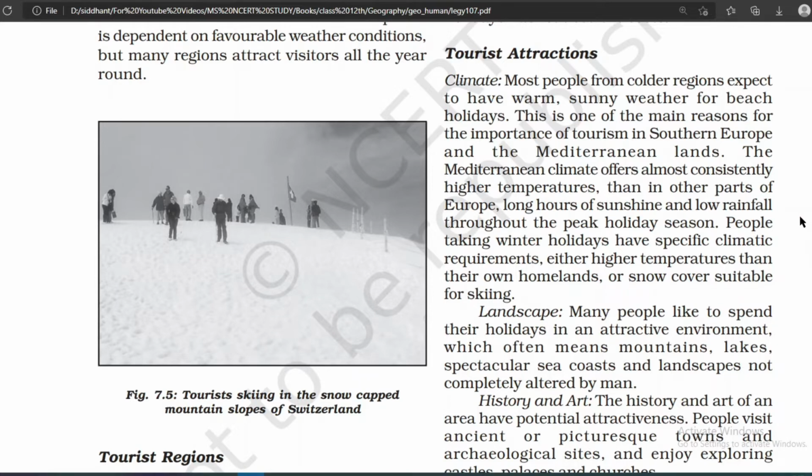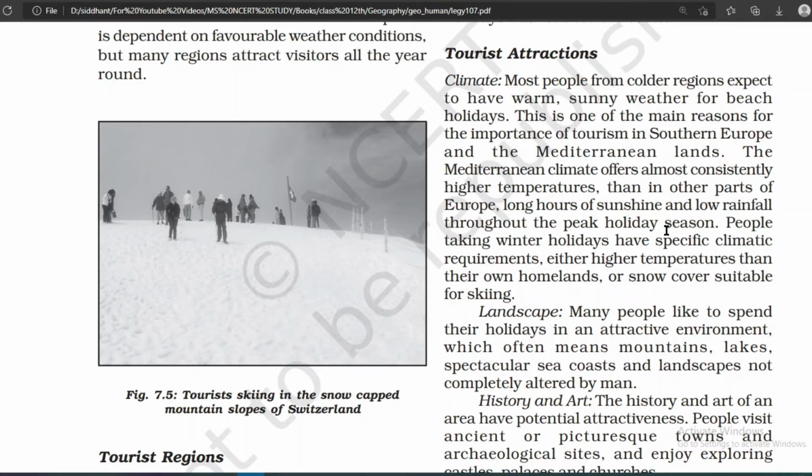The Mediterranean climate offers almost constantly higher temperatures than in the other parts of Europe, long hours of sunshine and low rainfall throughout the peak of the holiday season. People taking winter holidays have specific climate requirements, either higher temperatures than their own homeland or snow cover suitable for skiing.